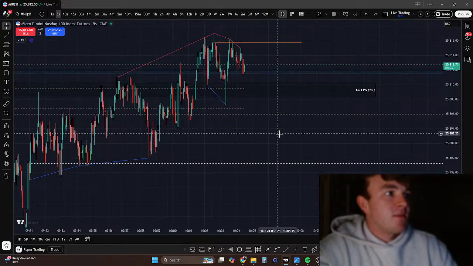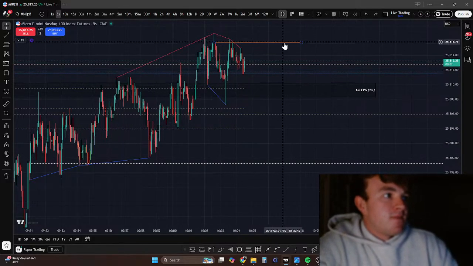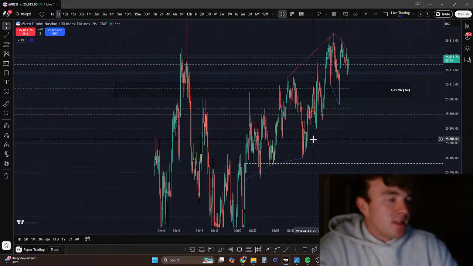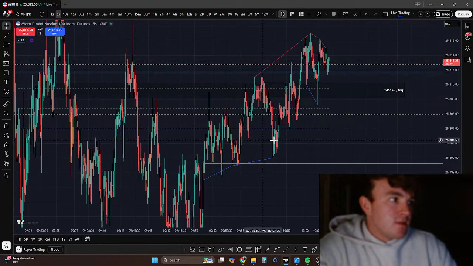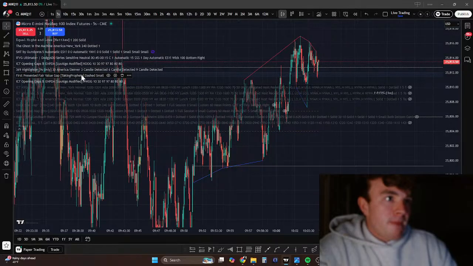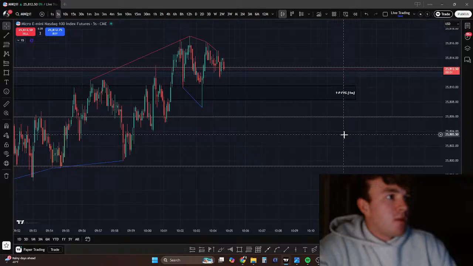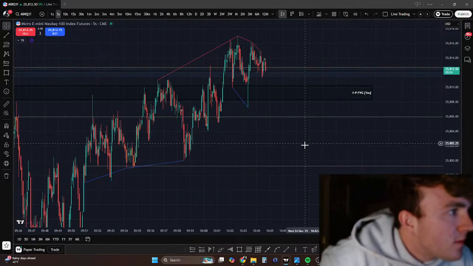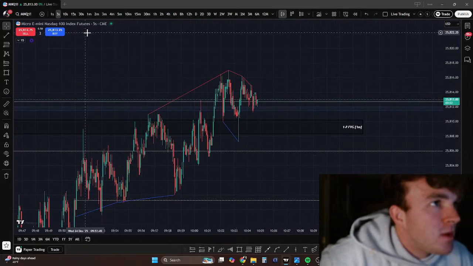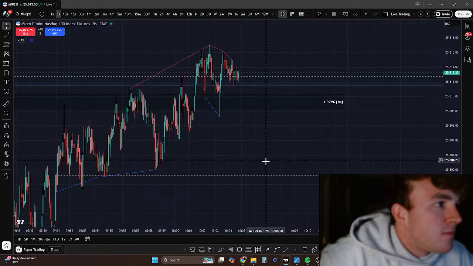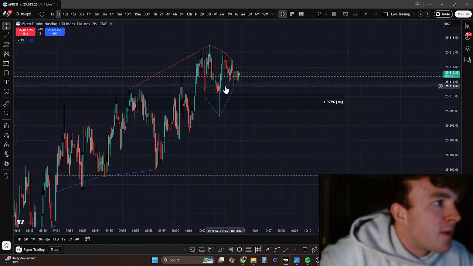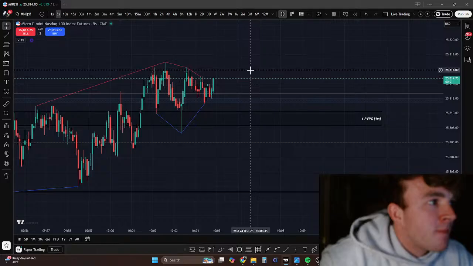It's just probabilities. So maybe this 5-second pin bar off of the first percent of value gap.